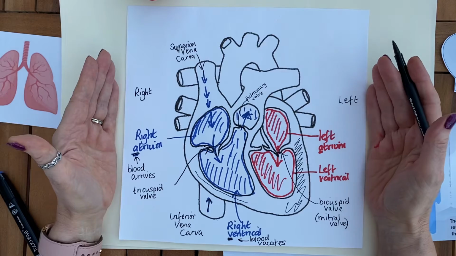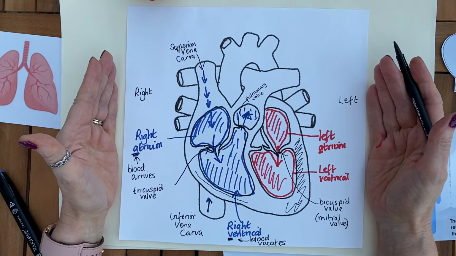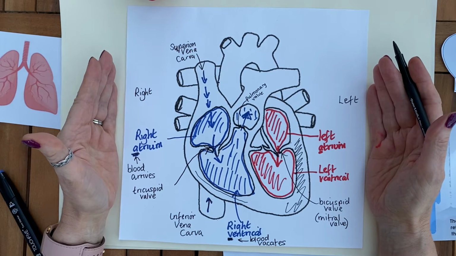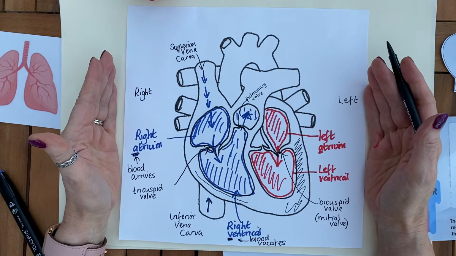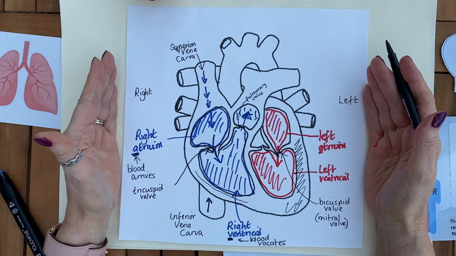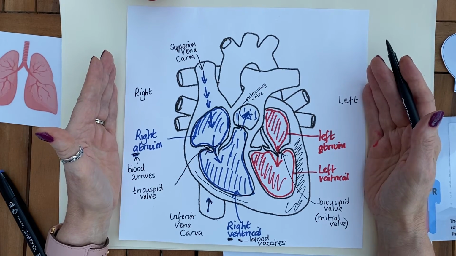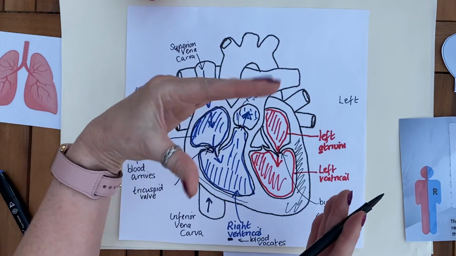Your job is to revise these different parts of the heart because you can only talk about the cardiac cycle if you know the different parts of the heart, and later on you will need to know the different contractions and how they are controlled, the nerves that control that flow of the heart.